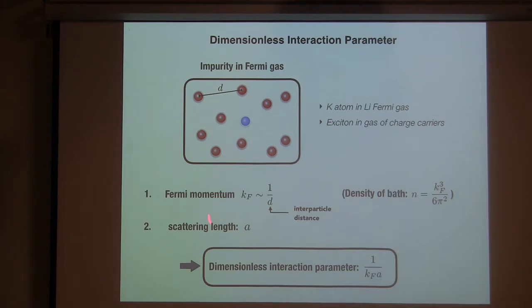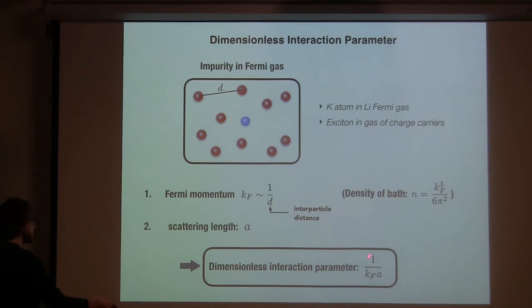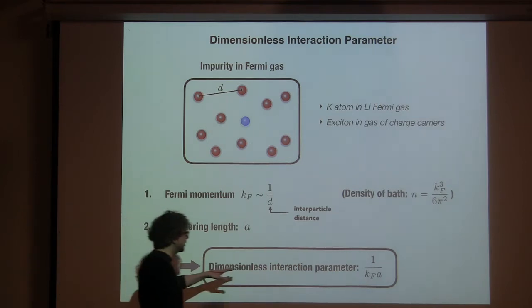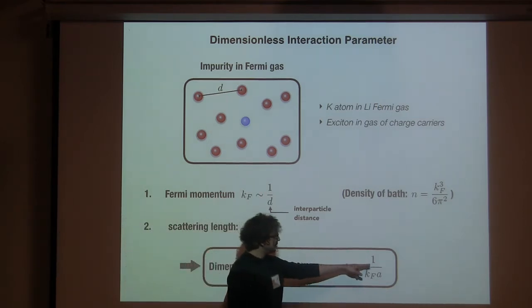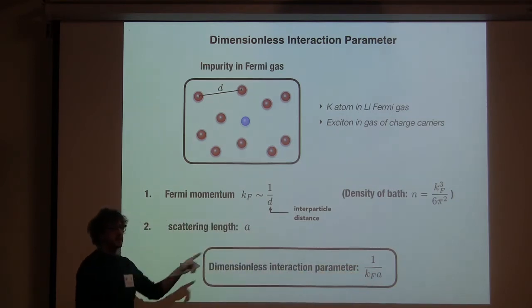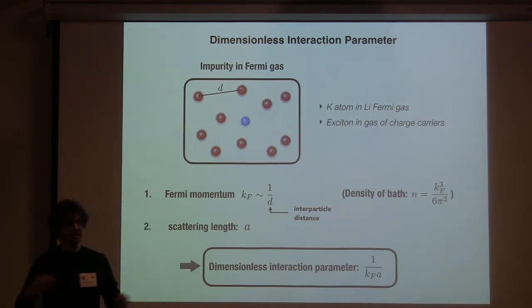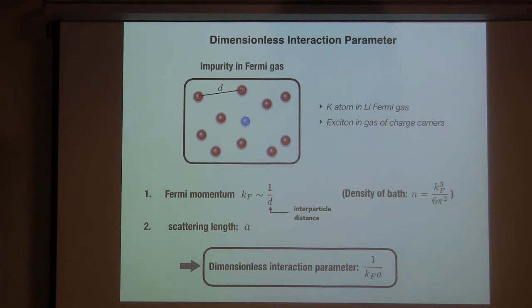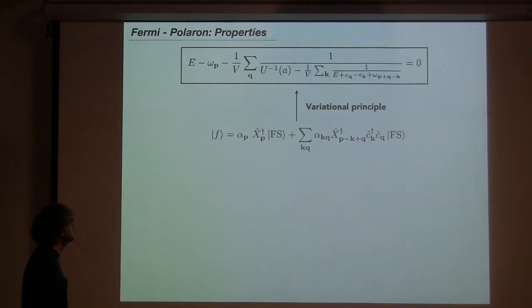So we want to compare how much the wave functions are shifted with respect to how far the fermions are on average from each other. And this gives us this dimensionless interaction parameter. It's convenient to plot things in terms of 1 over kFa, so that when the dimensionless interaction parameter becomes 0, we have infinite scattering length. It's just very hard to plot infinity on the plot, so I will plot 1 over infinity, which is 0.